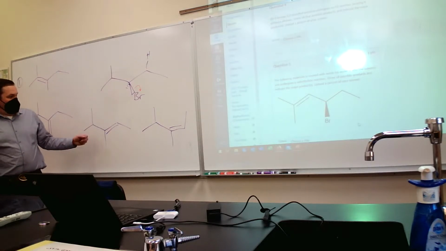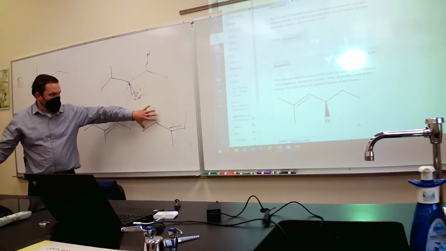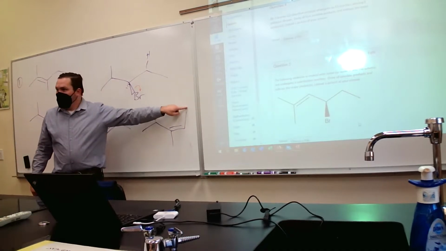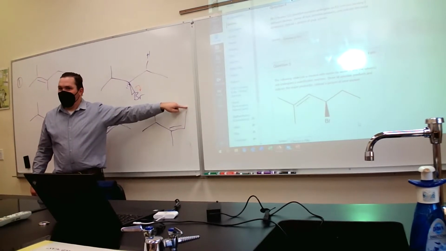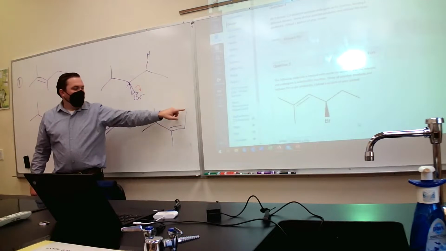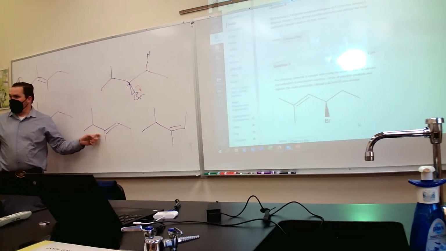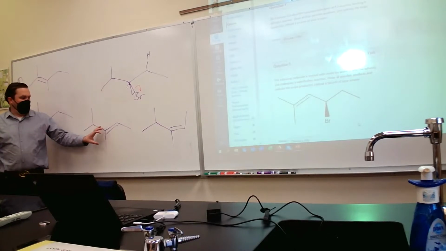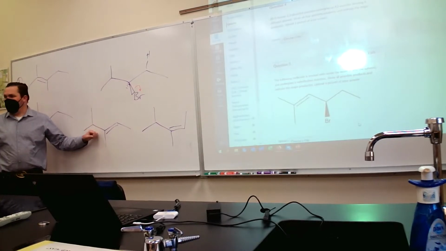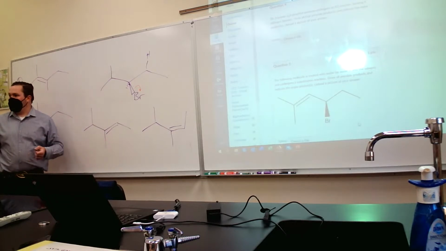So just at first glance, we can say, well, we've got a big isopropyl group here pointing in roughly the same direction as a methyl group. It's probably going to be more favorable to make this product, because that puts the physically largest group from each carbon pointed in opposite directions.